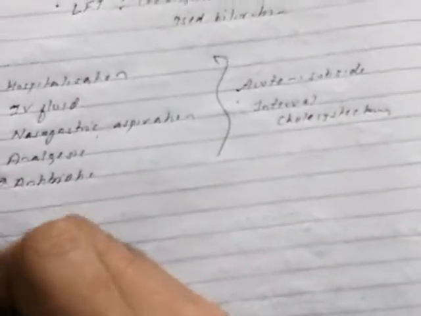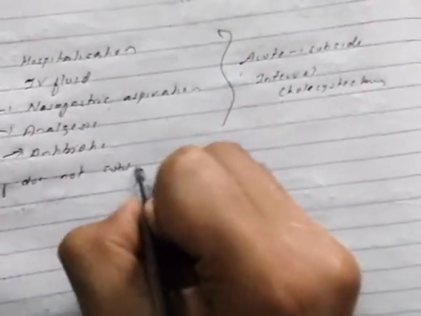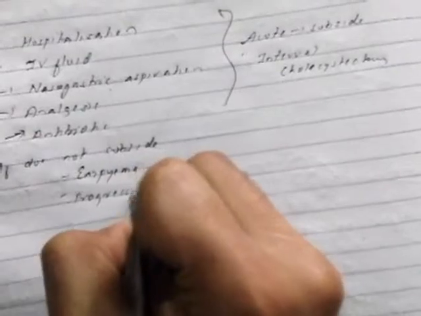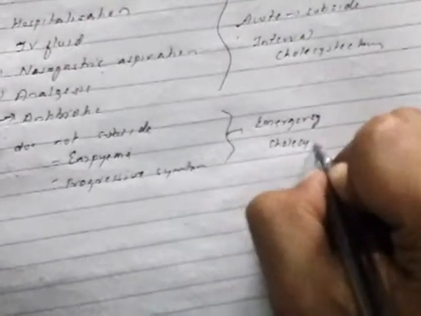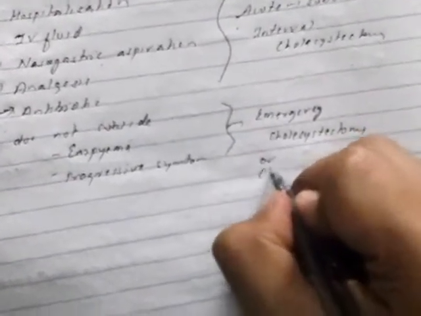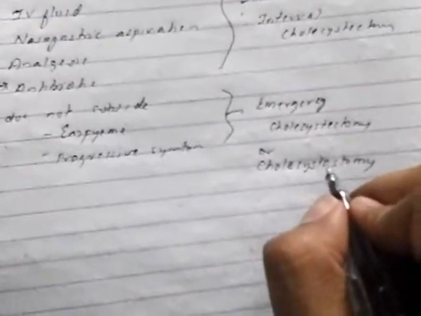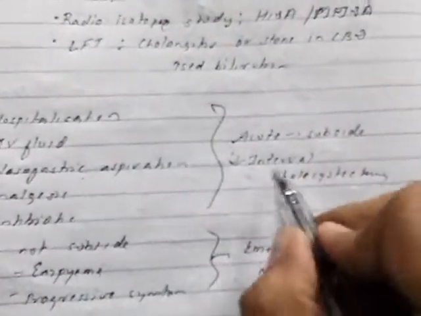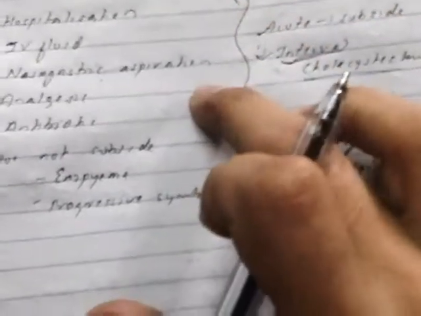But if the condition does not subside, or there is empyema or progressive symptoms, we should go for emergency cholecystectomy or cholecystostomy. Mostly, if the acute condition subsides, we go for interval cholecystectomy because there is a chance of injury to other structures while operating during the inflamed condition.